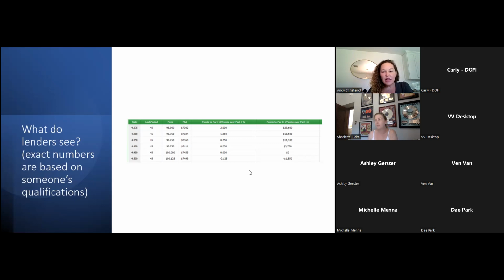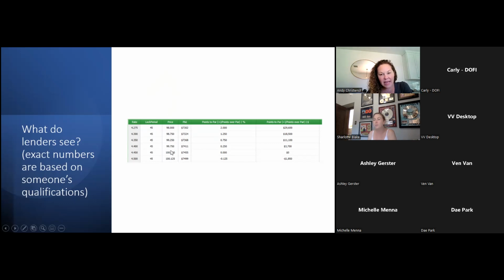Just for the sake of general knowledge, if somebody is telling you that they're being charged points to buy down the rate, it's to cover this discrepancy, whatever the discrepancy might be. They're being charged that in order to make it whole and to get that lender or bank to 100.